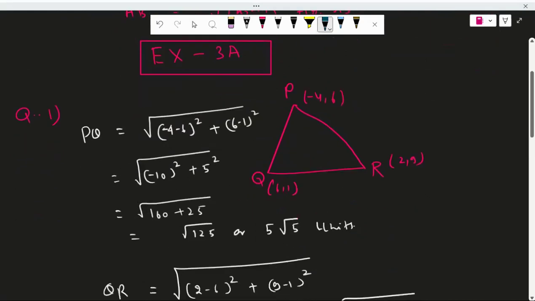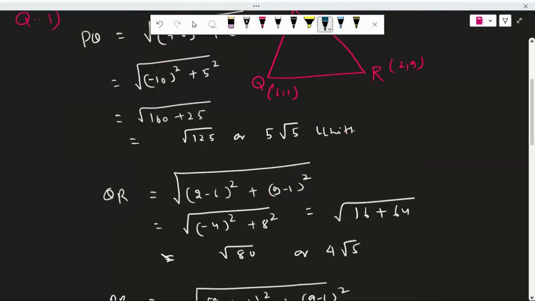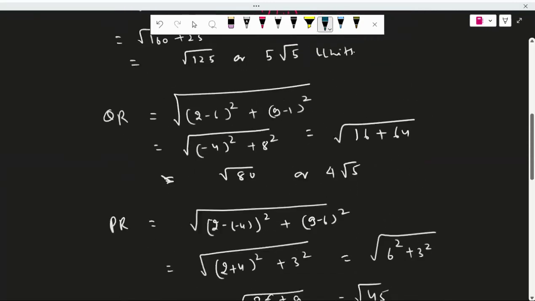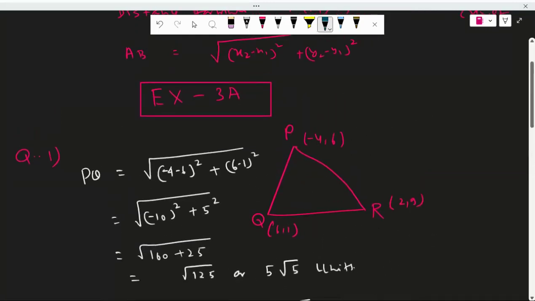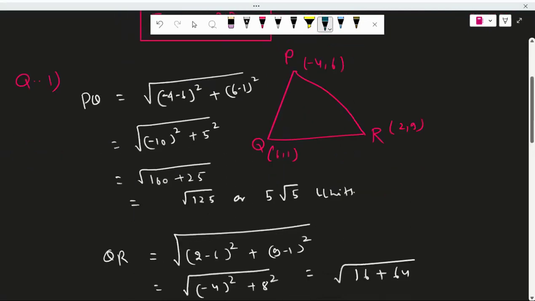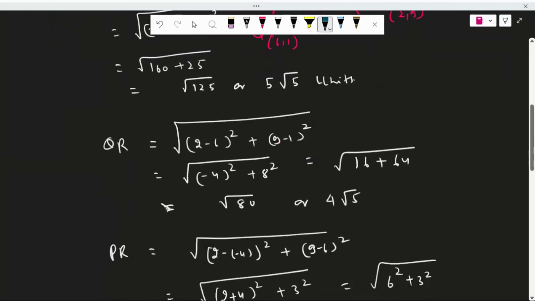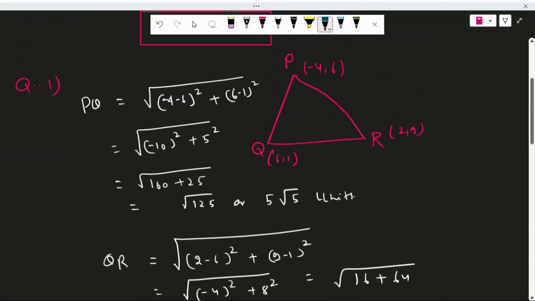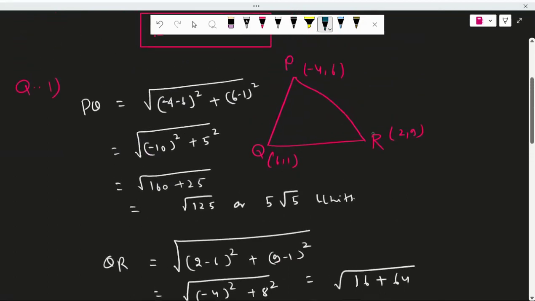The first question gives the coordinates of P, Q, R, the vertices of a triangle. We have to find the lengths of the sides of the triangle, then check whether it is a right angle triangle or not. So we plug into the formula x2 minus x1 whole square plus y2 minus y1 whole square.